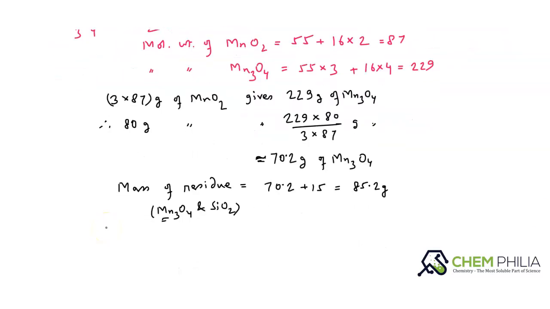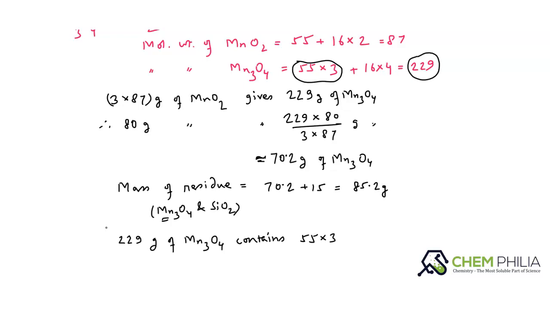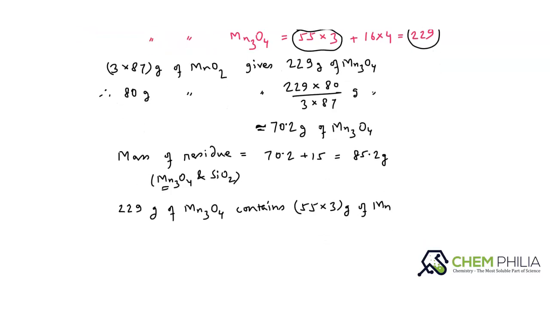Now manganese is present in only Mn3O4, right? Now Mn3O4's molecular weight we have calculated 229, and how much manganese was there? 55 into 3. So we can say 229 gram of Mn3O4 contains 55 into 3 gram of manganese.